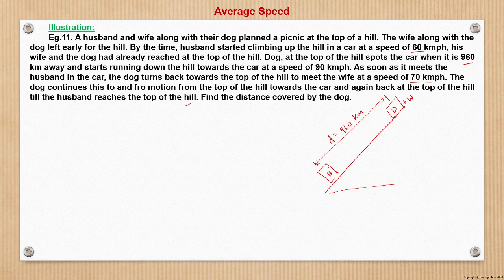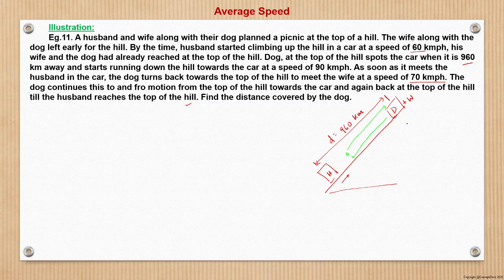And upon seeing the husband coming up, the dog starts running towards him. So the dog runs first here. Say suppose the dog runs and meets the car here at this junction, and from here the dog meets the husband and then again runs back towards the top of the hill where the wife is, right?